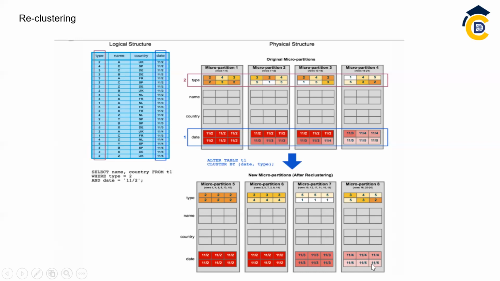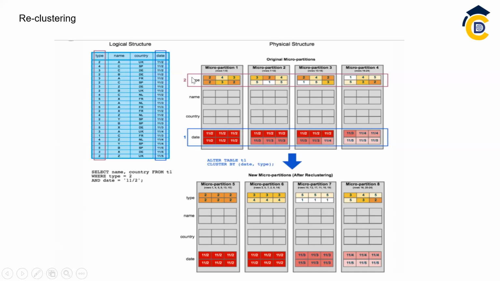Yes. So now look at this case here. Let's go to this query: select name from T1 where type equal to 2 and date equal to 11/2. Before clustering, it actually had to scan how many partitions? 3, right?